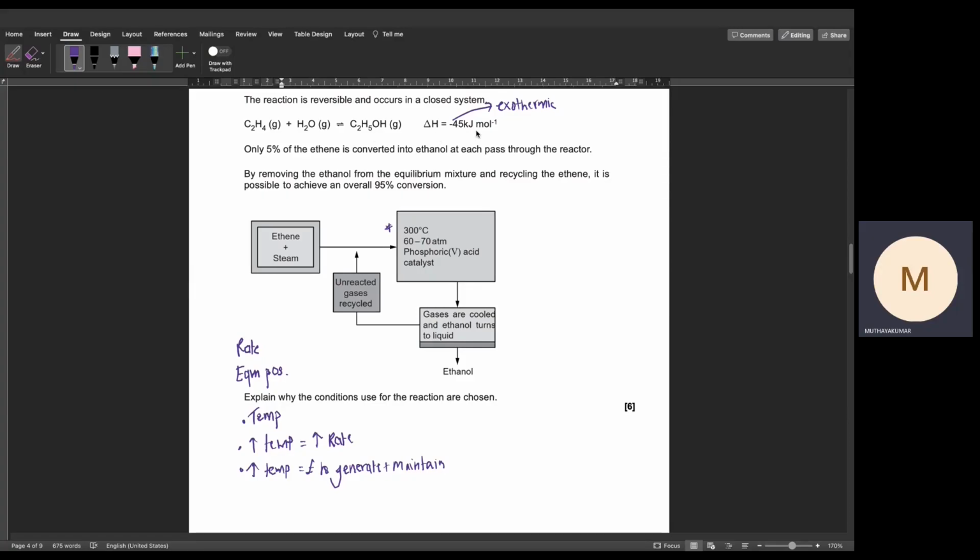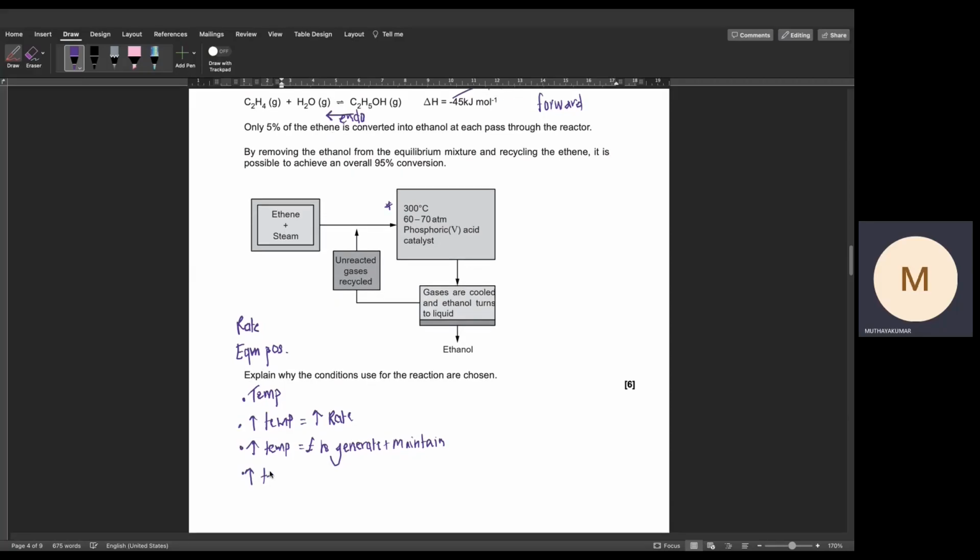So it's an exothermic process for the forward direction. If we increase temperature, the equilibrium will shift to the endothermic side. So increasing the temperature is going to shift it backwards. It will favor the backwards reaction because if forward is exo, backwards is endo, and increasing temperature favors the endothermic direction.